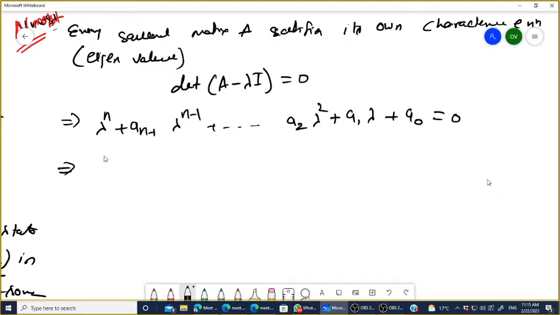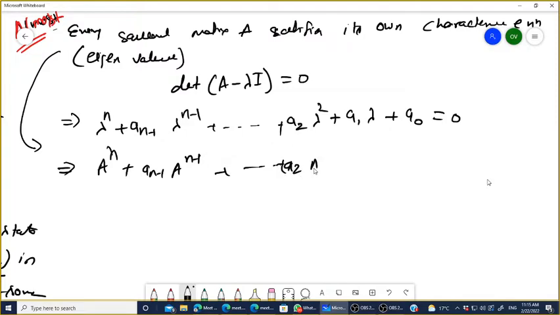Now we can satisfy it with this equation by the matrix A. So by this statement, we can write here A to the power n plus a n minus 1 A to the power n minus 1 plus dot dot dot up to a2 A square plus a1 A plus a naught I equal to 0. If I'm not wrong, it is clear? Any doubt?